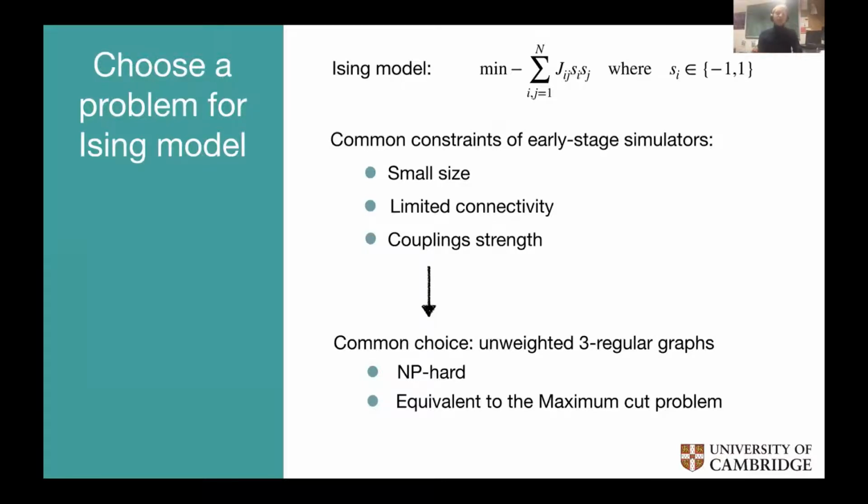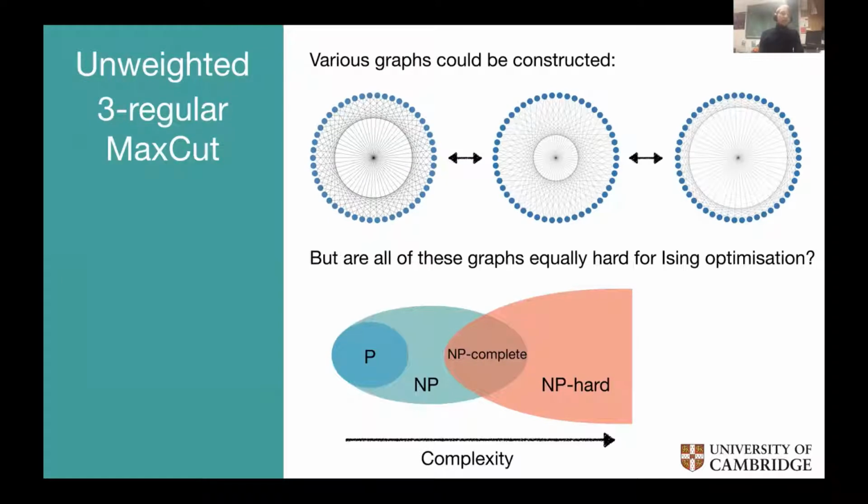So okay, we've settled on unweighted three-regular MaxCut problems, but still there are lots of choices of graphs which we can consider. The question is, are all of these graphs equally hard for Ising optimization or not? Because with respect to complexity theory, we can have problems which can be solved in polynomial time and belong to the P class.